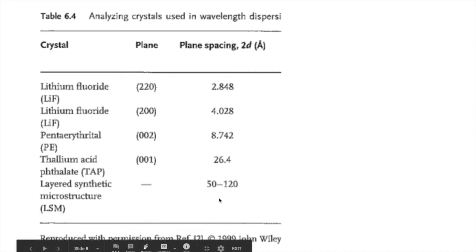You can see here the plane spacing is on the order of 100 angstroms as opposed to single-digit angstroms. These plane spacings mean that this is 2d, and so this is our maximum wavelength that we can detect.